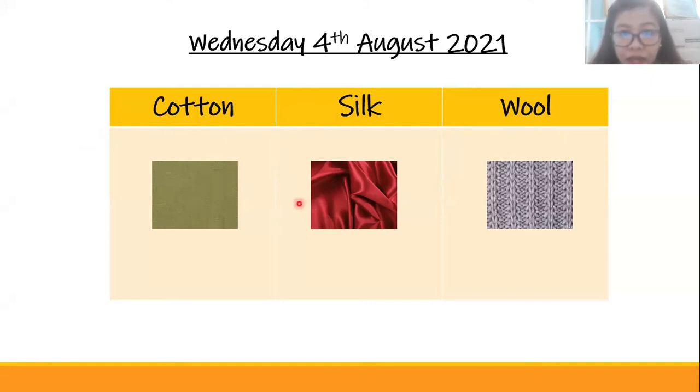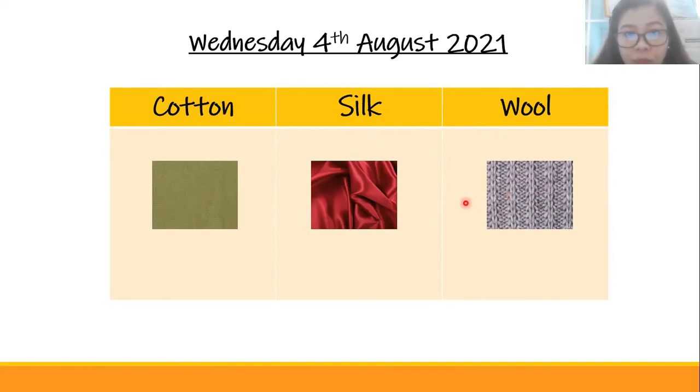Do not buy. Just look for your old clothes. Cut a small piece and paste it on this column. Then look for your winter clothes, winter sweaters or jackets that are made of wool. Wool usually looks like this one.